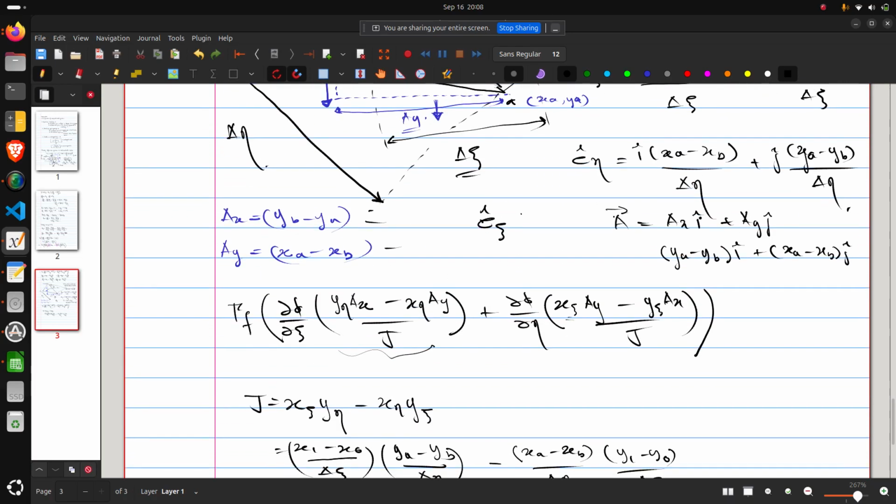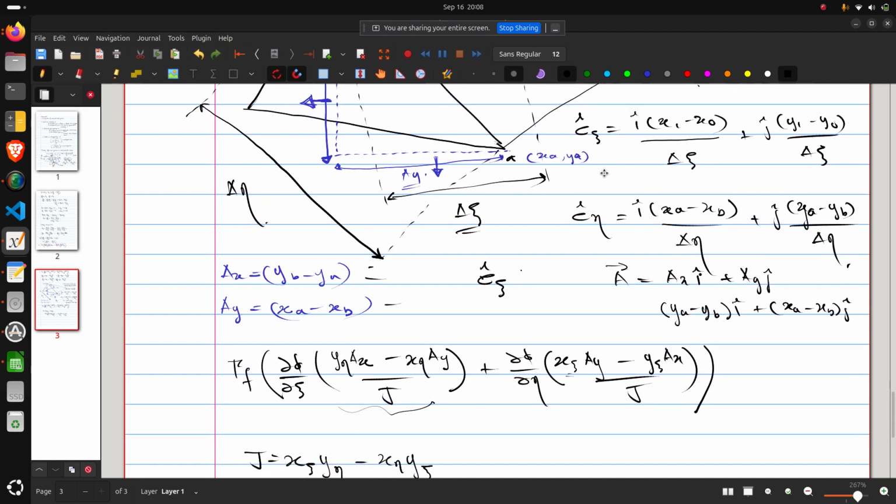So if you take the dot product between the area vector and the E cap psi, what will you have?